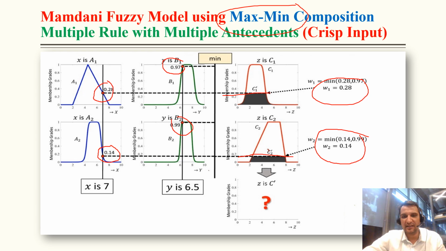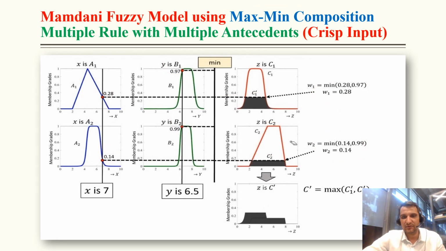So in the next slide, out of this and this we are going to compute, and the final answer will be like this: 0.28 up to this particular level 5. So 2 to 5 it will be 0.28, and after this up to 8 it will be equal to 0.4.